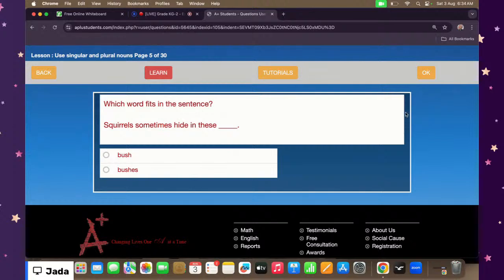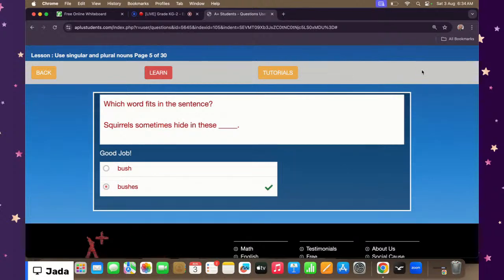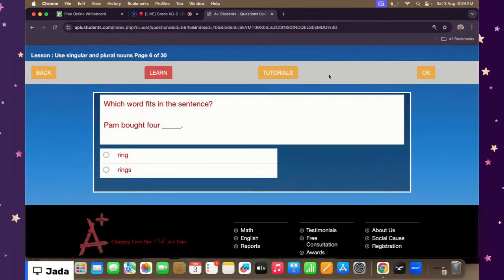In this bush. Palm bought four ring or rings. What's the answer? Palm bought four ring or rings. Waiting, ring or rings.